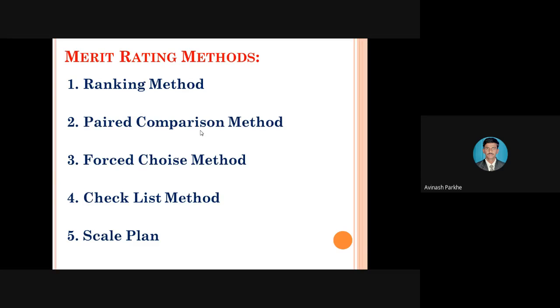Then the checklist method. In the case of a checklist method, some standard questionnaires are there, and those questions are asked by your supervisor or manager to the operator, and then the operator will give the answers, and based on their answers, the rating will be given.